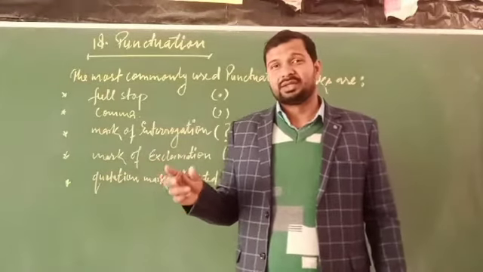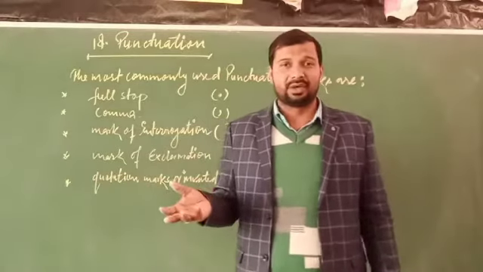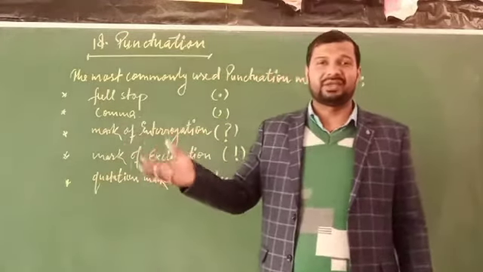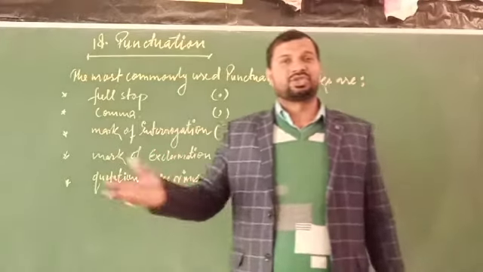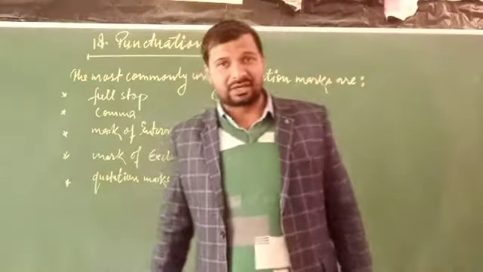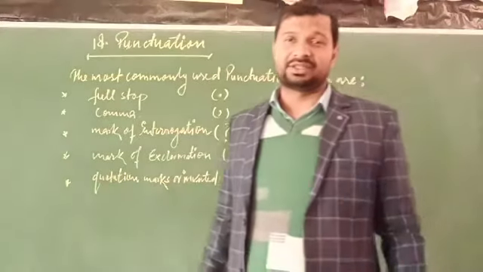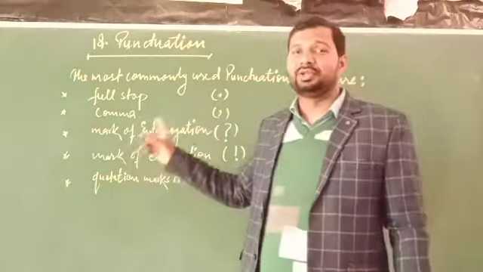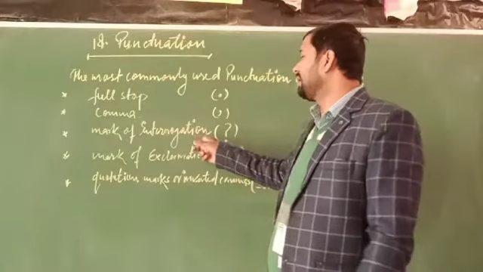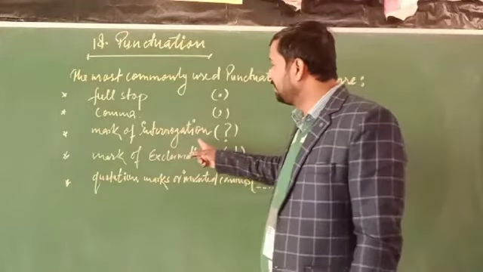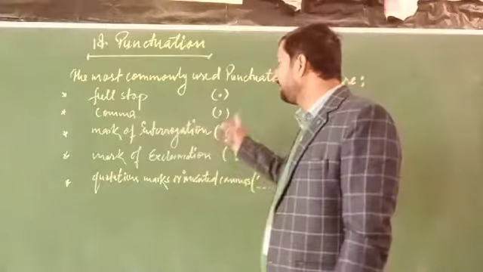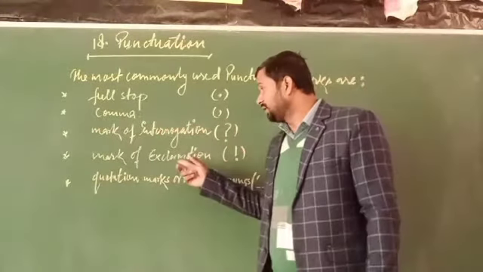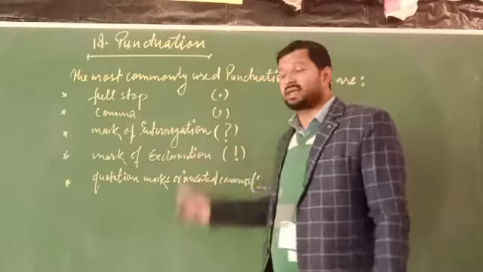Also the sentence that starts with a helping verb, that is, are, is, was, were, has, have, had, will, shall, would, should. So if your sentence starts with these, it means the sentence is an interrogative sentence. So at the end of the sentence you will use a question mark, that is called mark of interrogation.